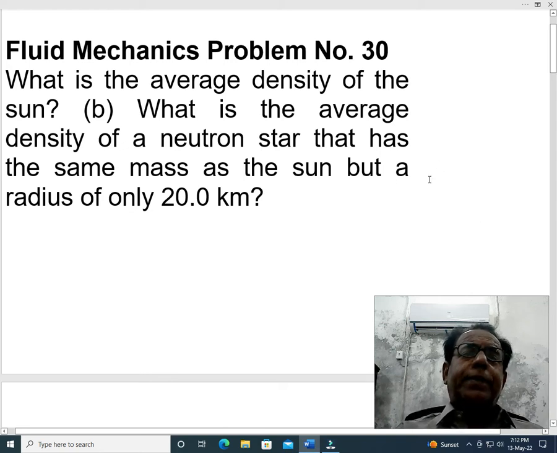So dear students, first we move to the table, from where we will see some required data to be used in this problem.